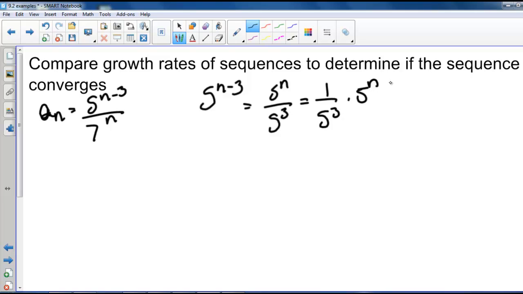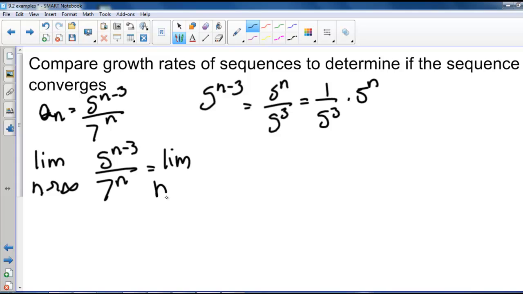Now we have the limit as n goes to infinity of 5 to the n minus 3 over 7 to the n is equal to the limit of 1 over 5 cubed times 5 to the n over 7 to the n.